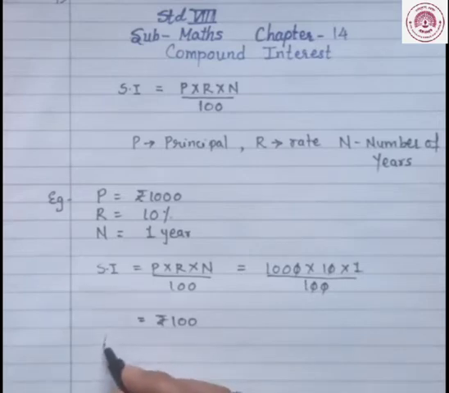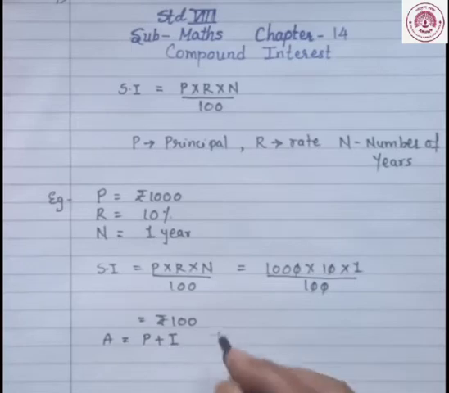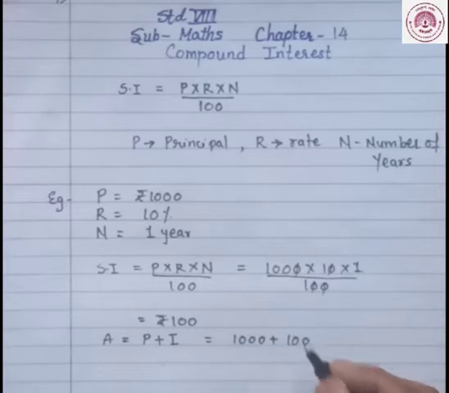So by the end of 1 year, what amount will we have? We have the formula: amount equals P plus I. Now let's substitute. P is 1000 rupees plus I is 100 rupees. So it means by the end of 1 year, we will have altogether 1100 rupees.